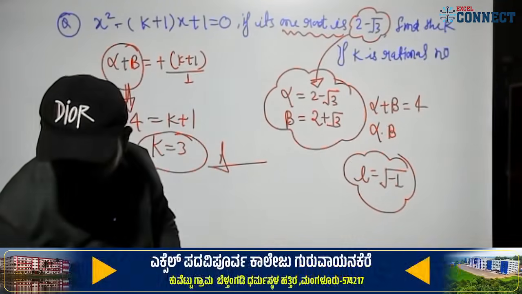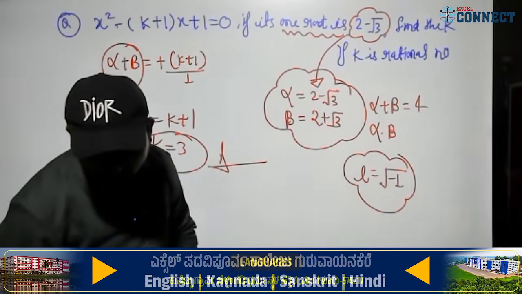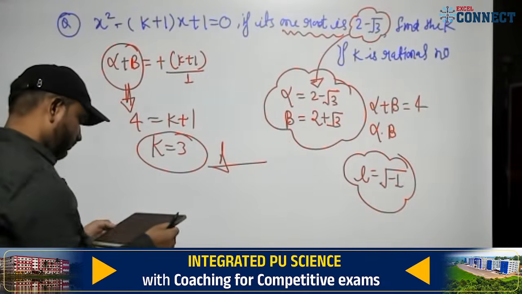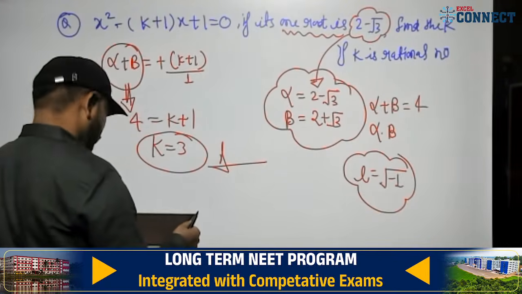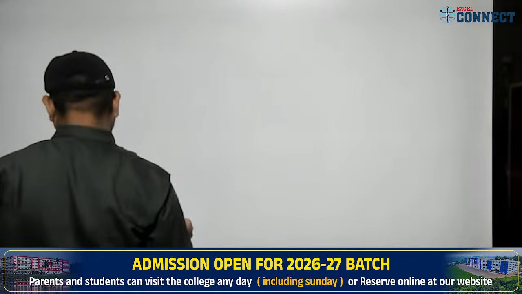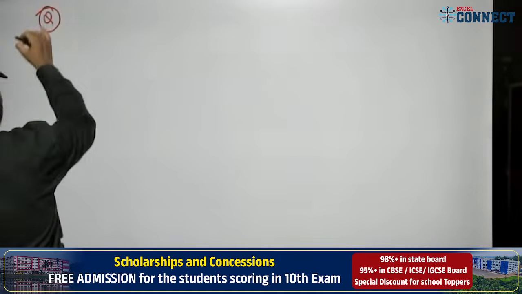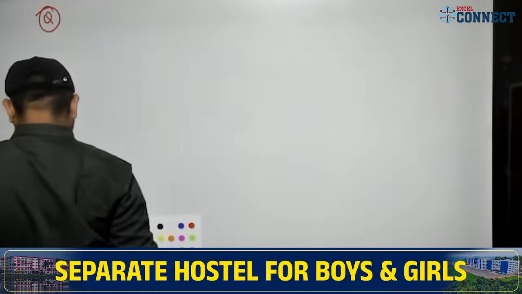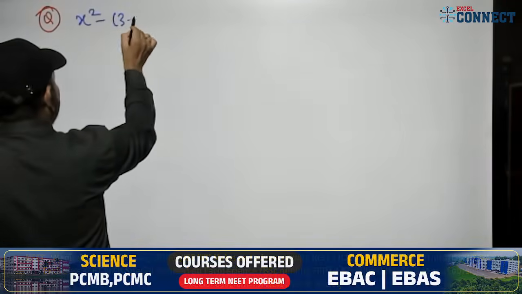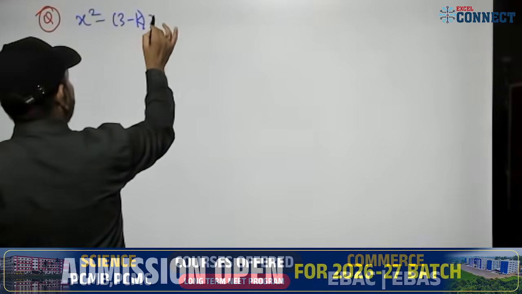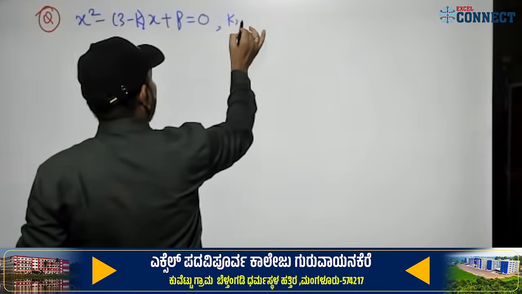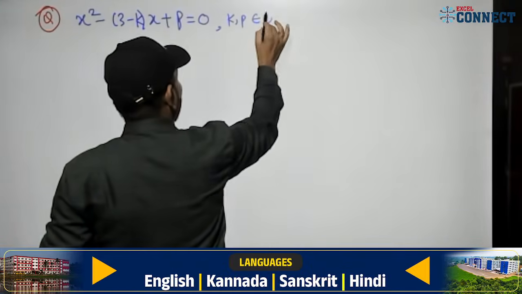So one more question I want to take. Answer this one more question. x square minus (3 minus k) x plus p is equal to 0, where k and p belong to rational numbers.